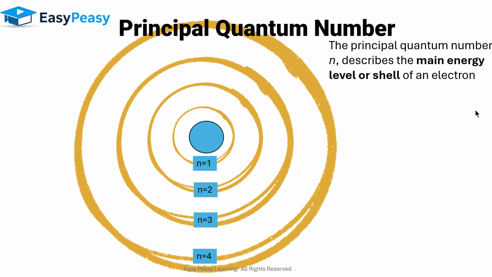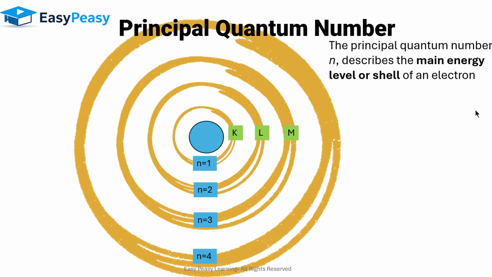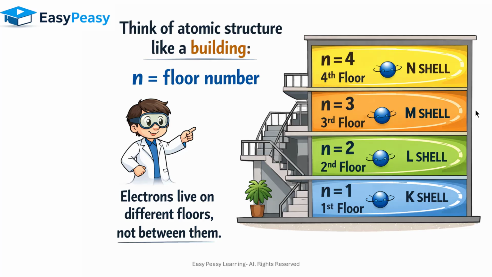They can also be labeled as K, L, M, and N levels. Think of these levels like floors in a building. Each level has an area where an electron can exist, but an electron cannot exist between two levels. They have to be either on floor 1, floor 2, floor 3, or floor 4, not in the middle.